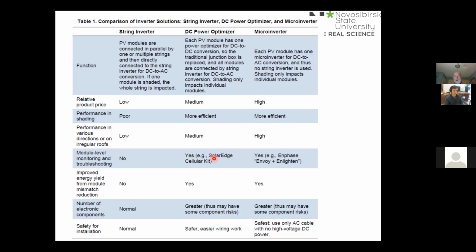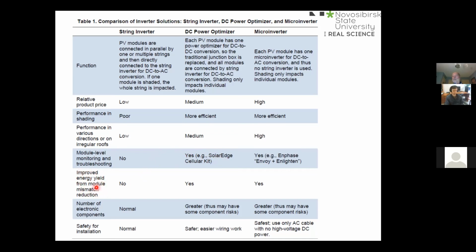I'm not sure whether I'll have time for this, but I do have a lecture on monitoring of PV systems. That lecture shows how you can use information about the performance of the individual modules to tell if there's a problem with the module. And sometimes you can also tell if there's a problem with the inverter.